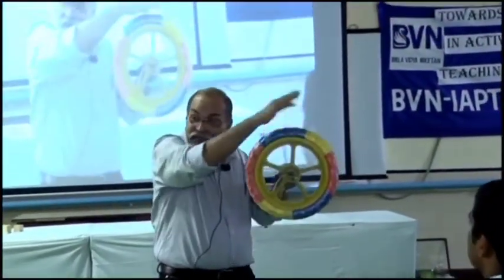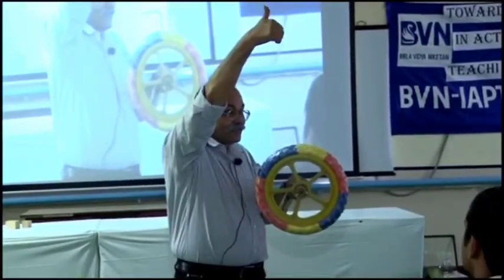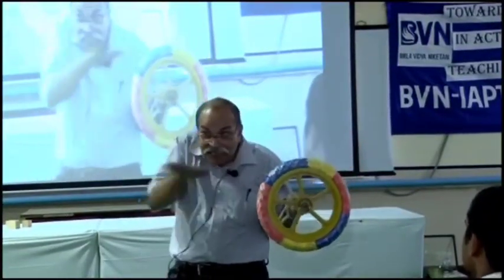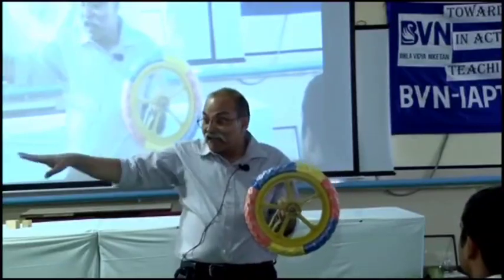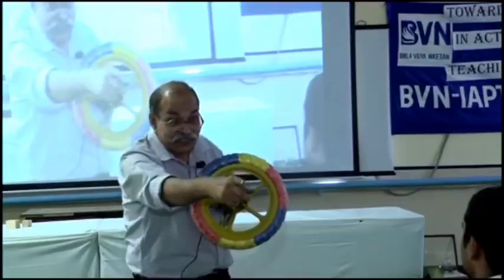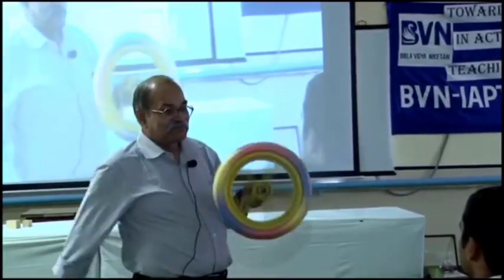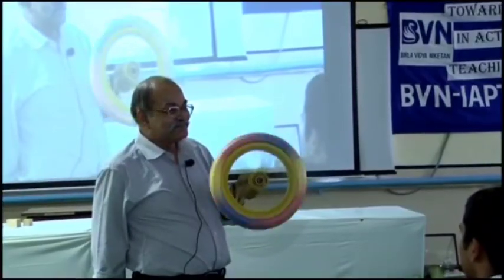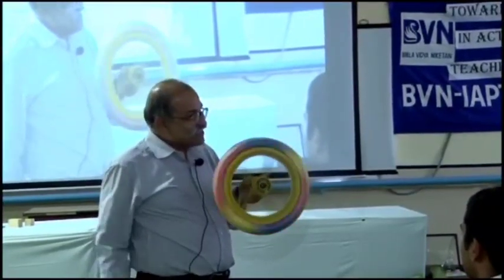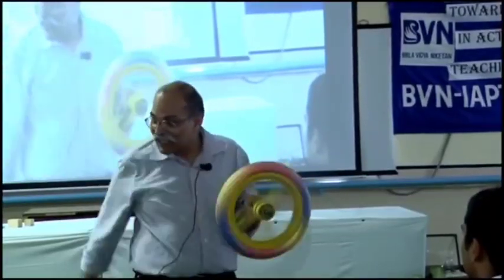I am applying it from here, so this is the R vector, and my force is in this direction, so this is the F vector. R cross F is towards you. The torque is towards you, and see that it is picking up velocity towards you. So torque is equal to I alpha and all those things are there in this action also.